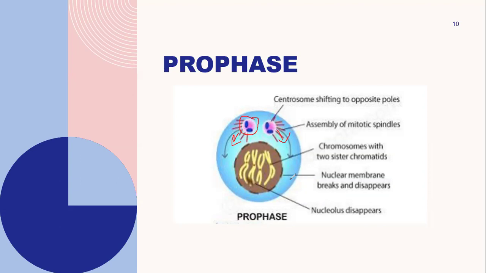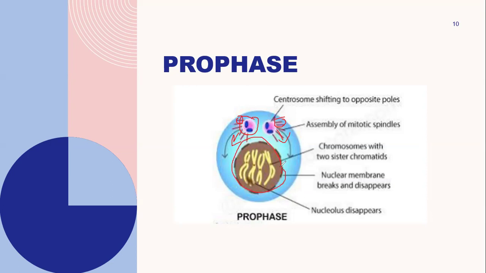Then we have the appearance of what are referred to as spindle fibers from the centrioles. You can see on the centrioles these structures that look like they're sticking out. These are the spindle fibers, so they're also going to appear. Then we are going to see the nuclear membrane break down, disintegrate, or disappear. Remember, the nucleus has a membrane around it, and this membrane is going to break down.